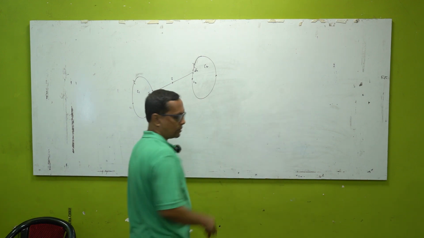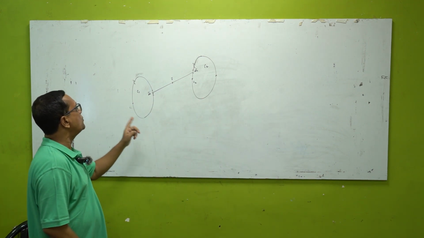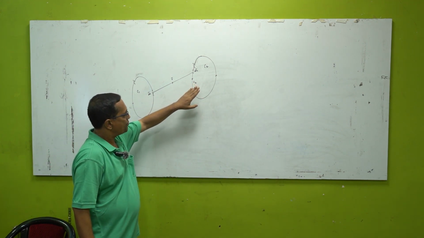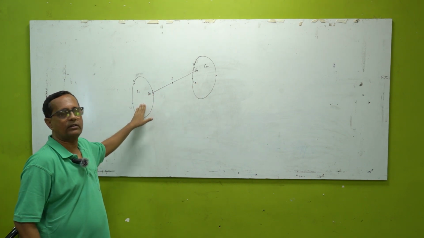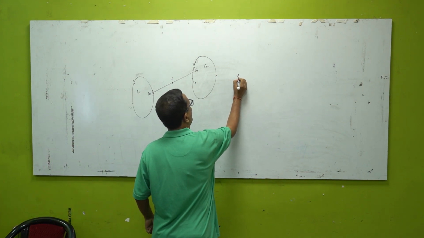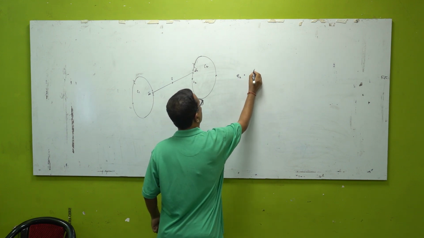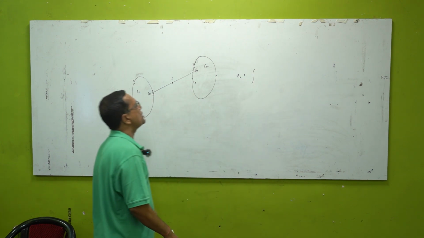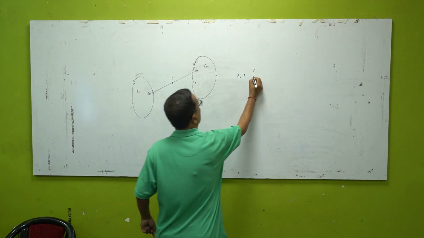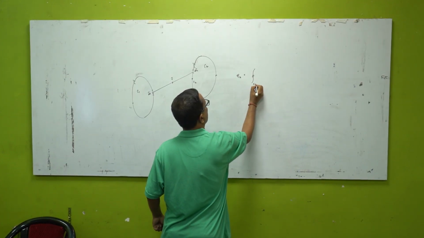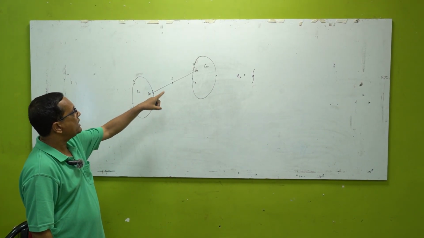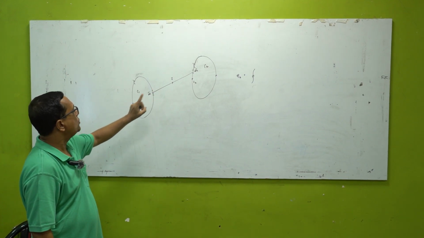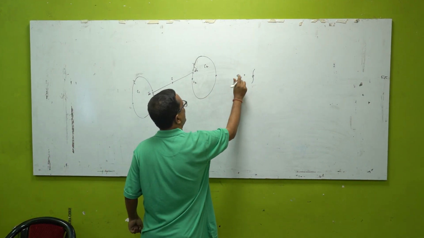Here, suppose phi 12 is the magnetic flux linked in coil C2 with respect to C1. Then phi 12 is equal to the closed path integral over C1. Phi 12 is the magnetic flux linked in coil C2 due to coil C1. Suppose it is phi 21.